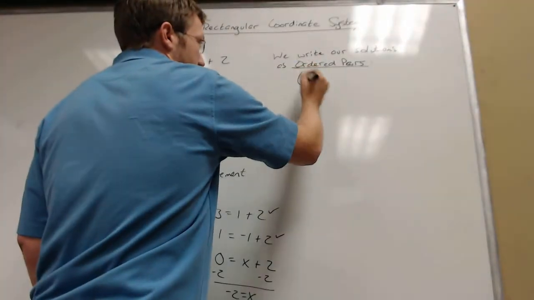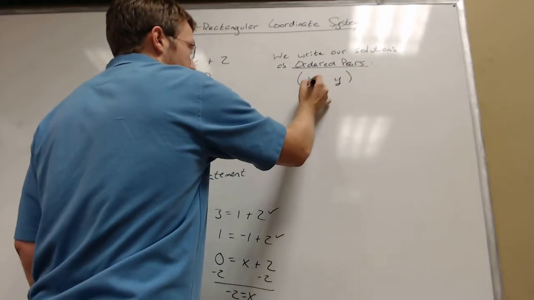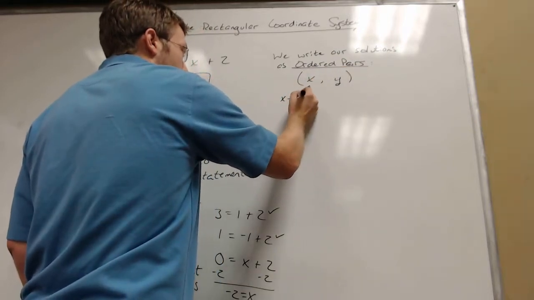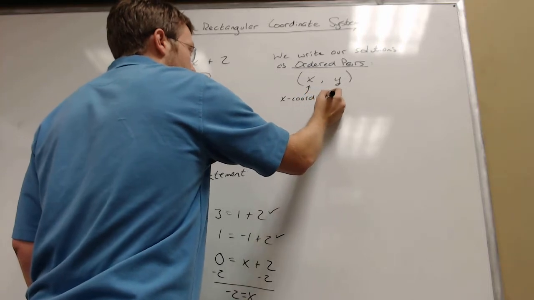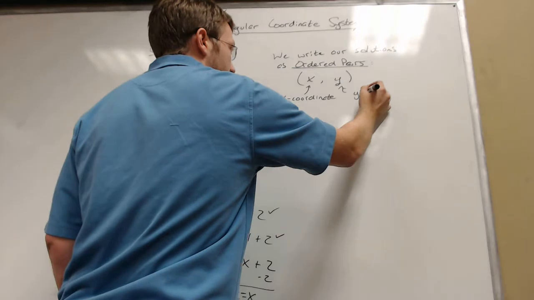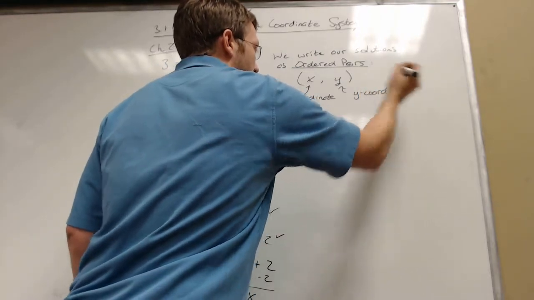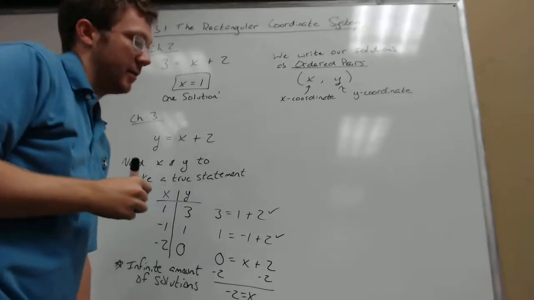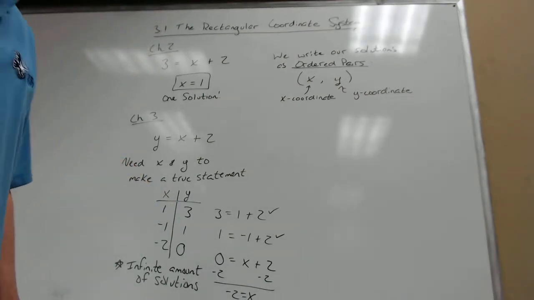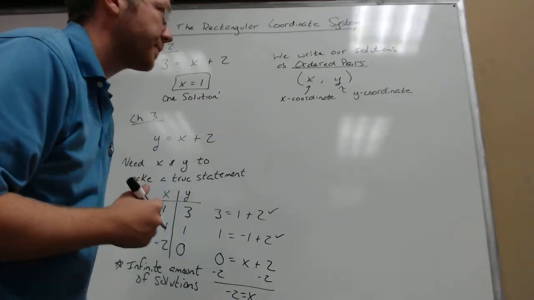It's just a set of parentheses with an x first and a y second. So this is considered our x coordinate. And this guy is considered our y coordinate. And this will always be the case. Our x coordinate always comes first. Our y coordinate always comes second when we're dealing with an ordered pair.